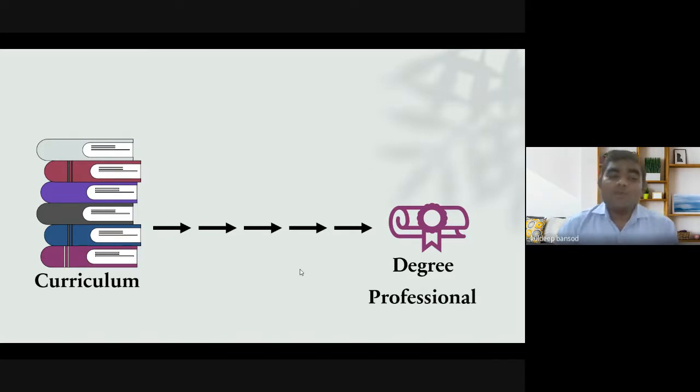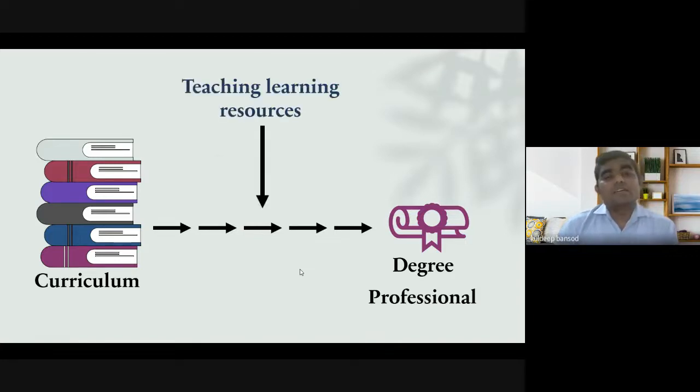During his journey from the curriculum toward becoming a professional in a particular branch, teaching learning resources work as a catalyst. So without teaching learning resources, it is not possible for the student to go through the whole curriculum and come out as a professional.